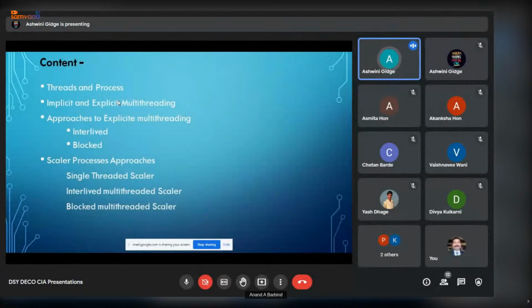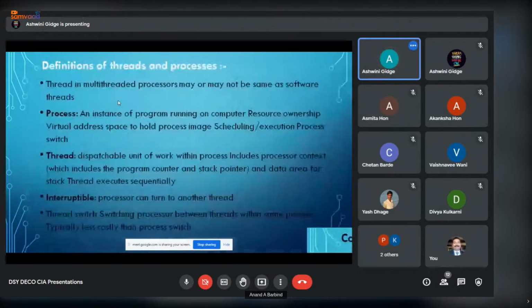Then we will see interleave and block. Next is the scalar processor approaches. Then we will see single threaded scalar, interleave multithreaded scalar, and block multithreaded scalar. So let's come to the point. First is the definition of threads and process.